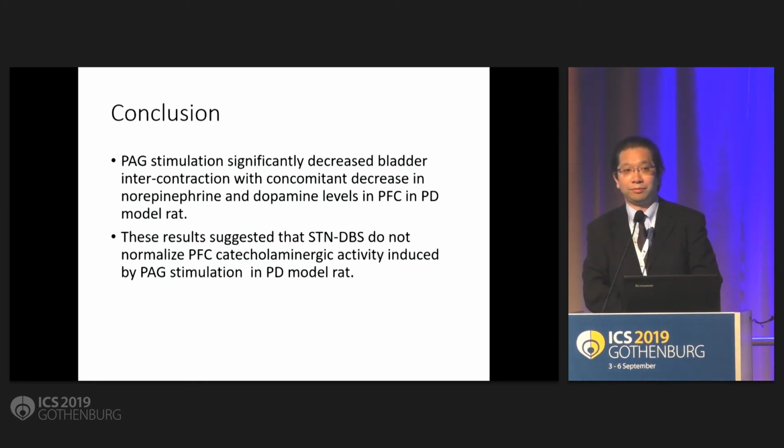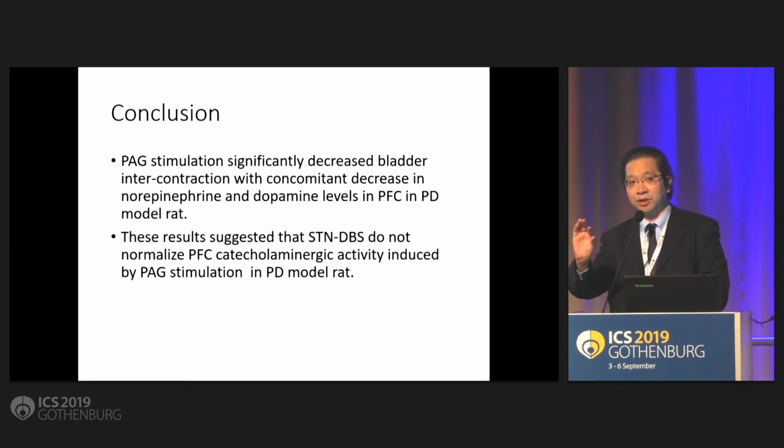Very interesting results and sometimes difficult to digest, but so just without PAG stimulation, just the STN, subthalamic nucleus stimulation, has some effect on the bladder activity? We previously performed only STN stimulation, so increase interval.